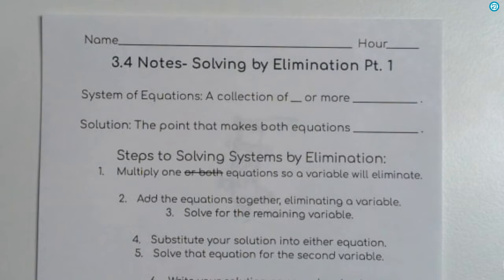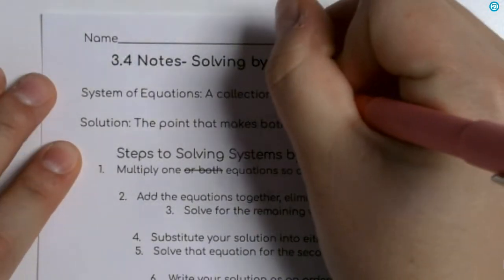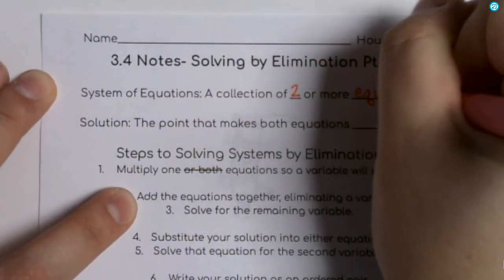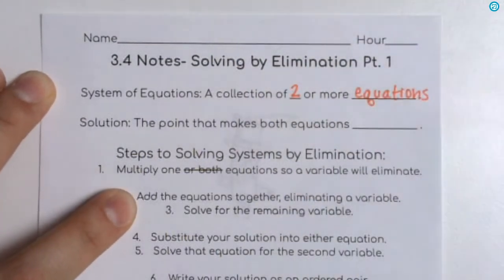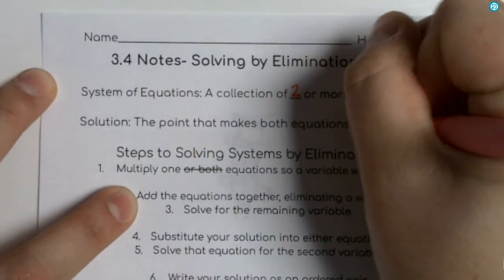When we solve by elimination, we're still dealing with systems of equations. A system of equations is still a collection of two or more equations. And your solution is still going to be the point that makes both of your equations true.